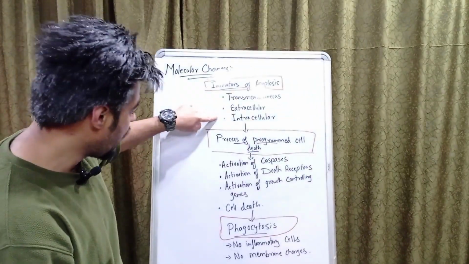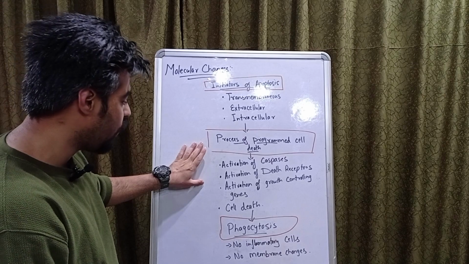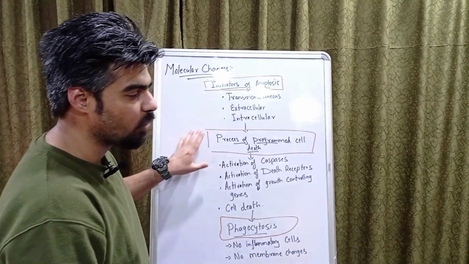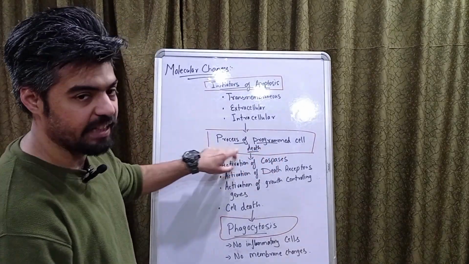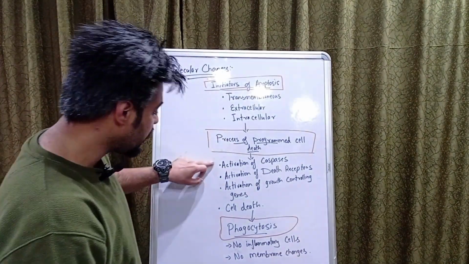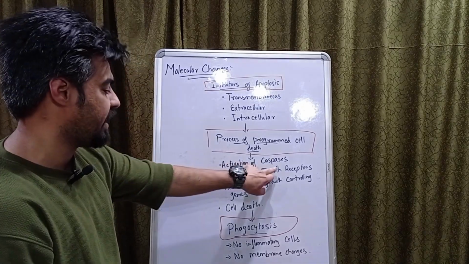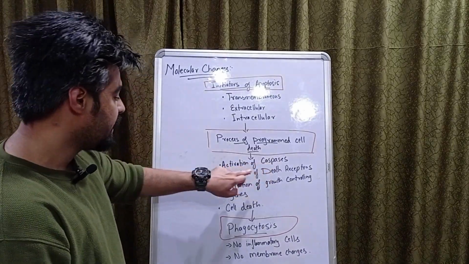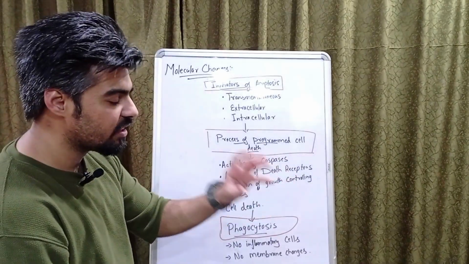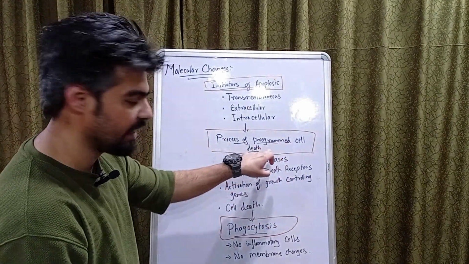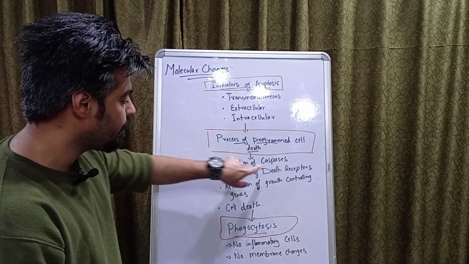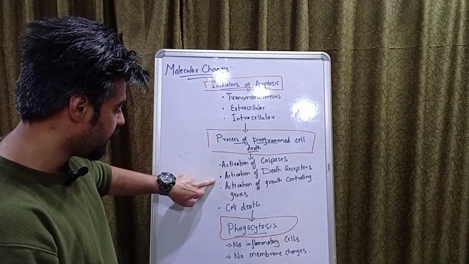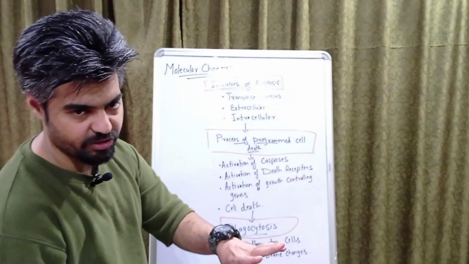Now let us see what are the steps that occur in programmed cell death. The first one is activation of caspases. Caspases are the proteins that activate the programmed cell death. The second thing that occurs is activation of death receptors.